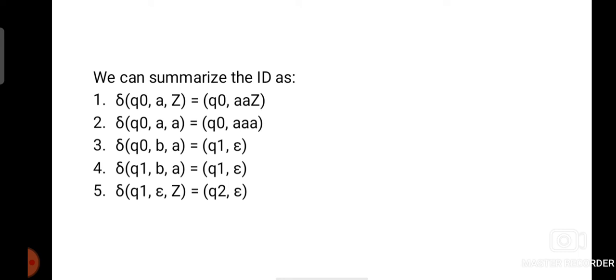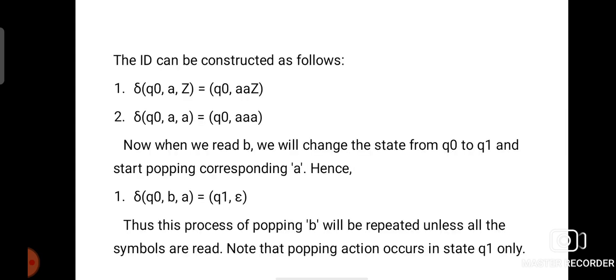We should remember, when A is consumed, A will be pushed onto the stack. When B is consumed, all the pushed A's will be popped off from the stack. When the stack gets empty, we will reach the final state. So in this way, we have to design a PDA for a given language.